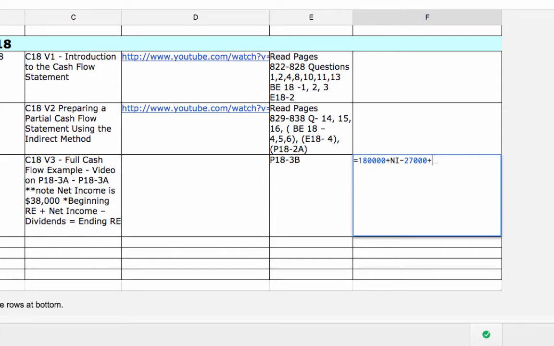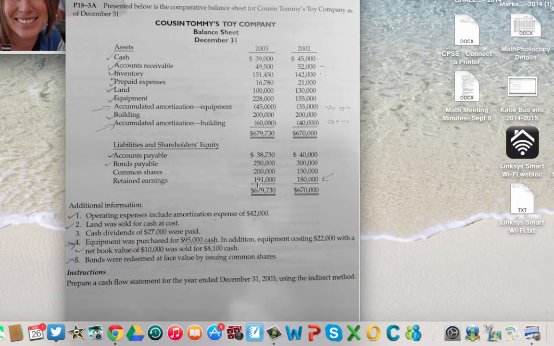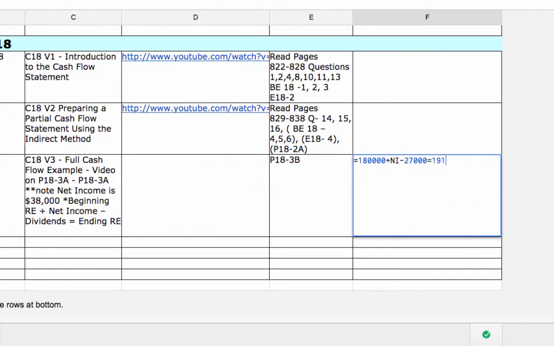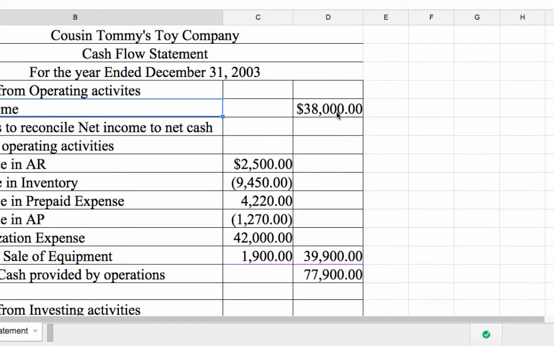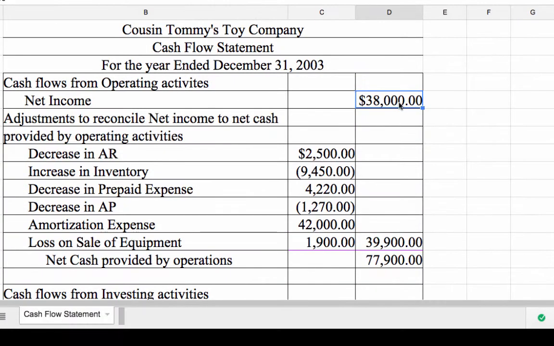That equals ending retained earnings, which in this case is $191,000. If you rearrange this formula, you will isolate net income and you will get your net income to be $38,000. I'm just going to leave that there so you guys can rearrange that. So once we calculate our net income, we're going to put the $38,000 here.